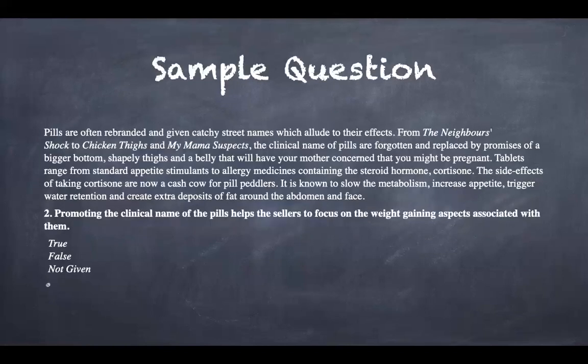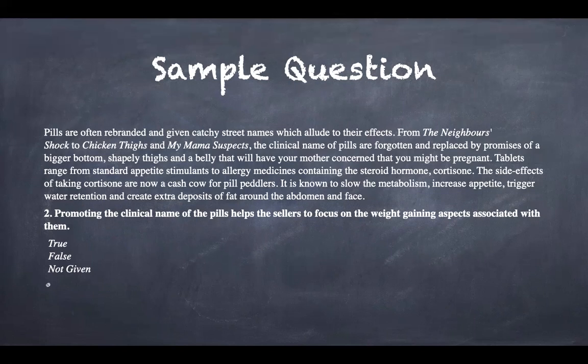Next question. Promoting the clinical name of the pills helps the sellers to focus on the weight gaining aspects associated with them. Now, here you have to find out whether promoting the clinical name of the pills helps the sellers to focus on the weight gaining aspects associated with them, or some other name helps.